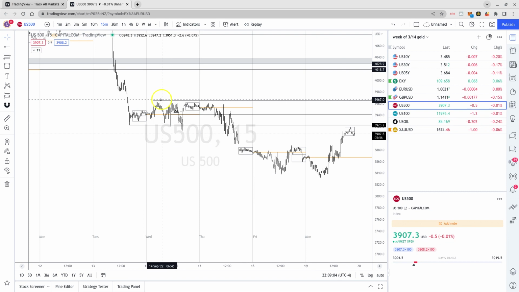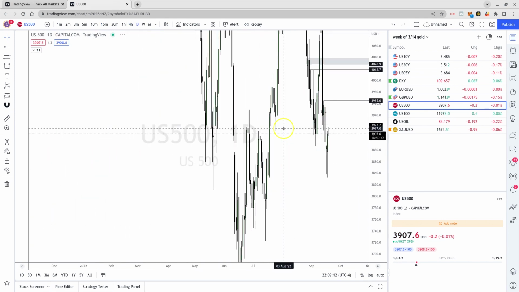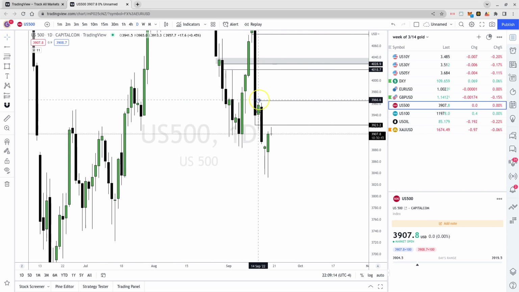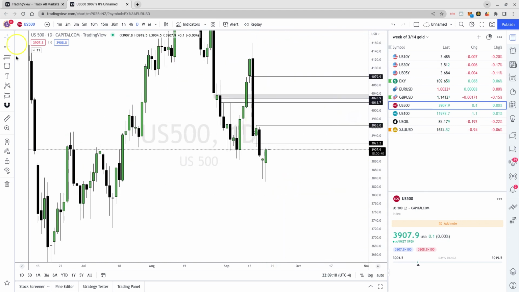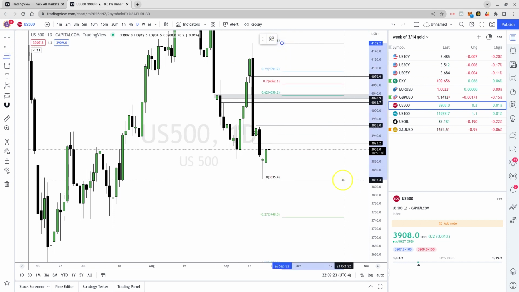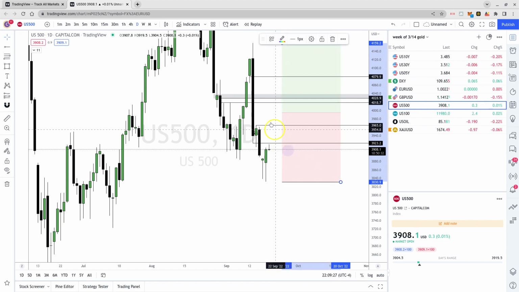Yeah, I am definitely seeing that. I don't see why price wouldn't want to target this area. If it doesn't, it doesn't. But what I do know is that this is a daily FVG. So if we think where are my premium arrays, that daily FVG is what stands out.